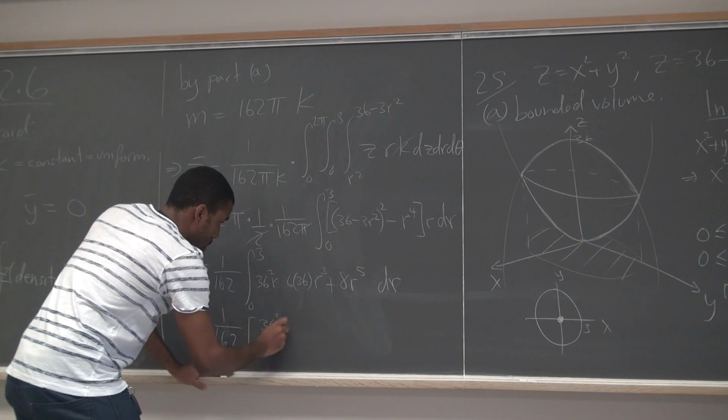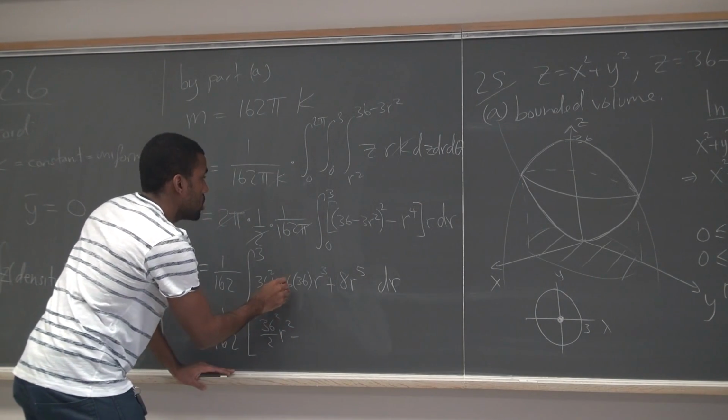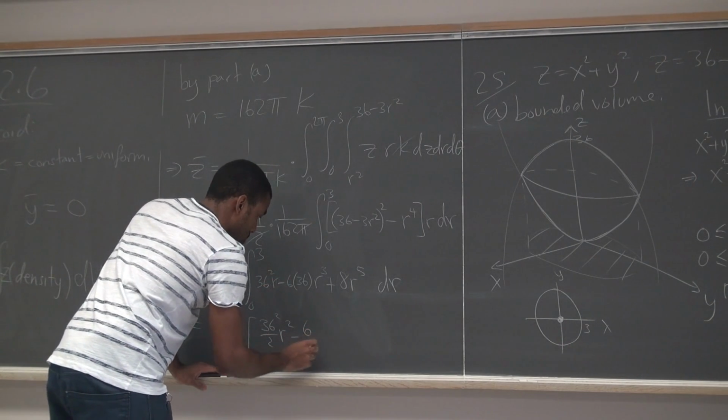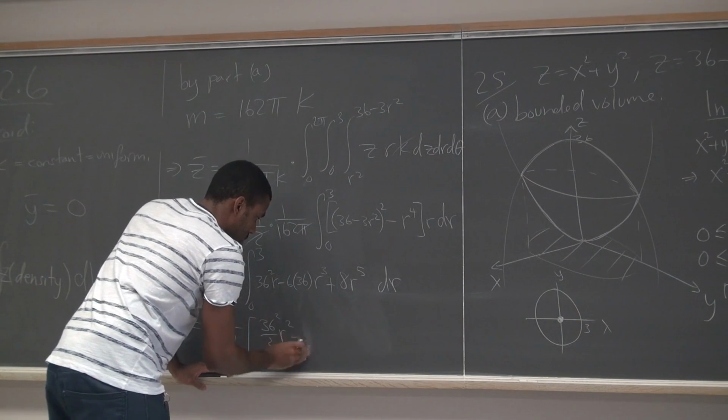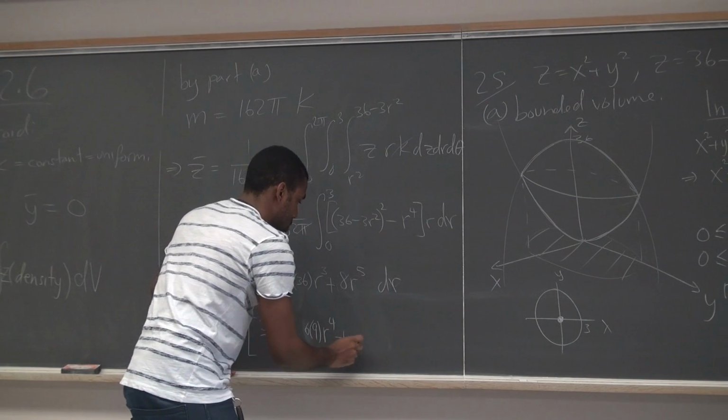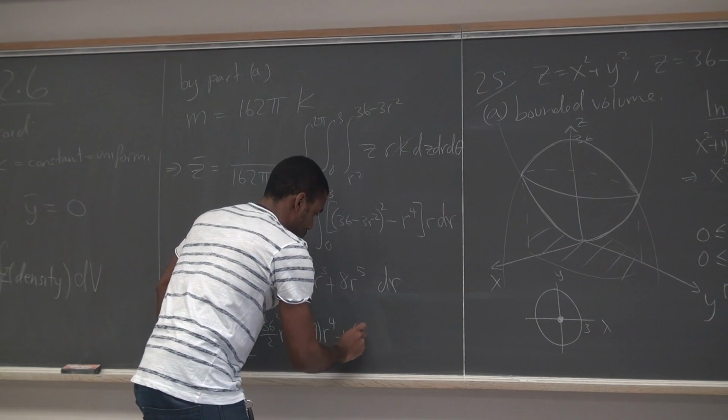Then 36 squared over 2 r squared minus 6 times 9 r to the 4th plus 8 over 6.